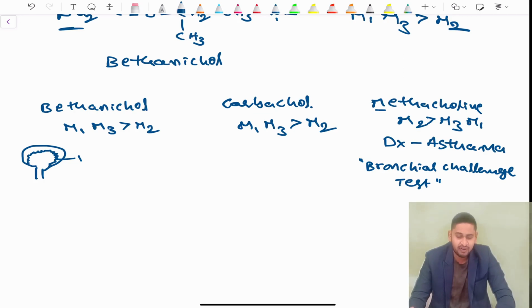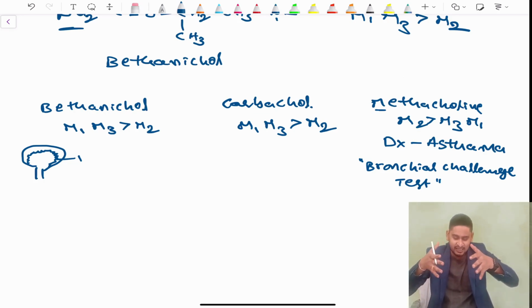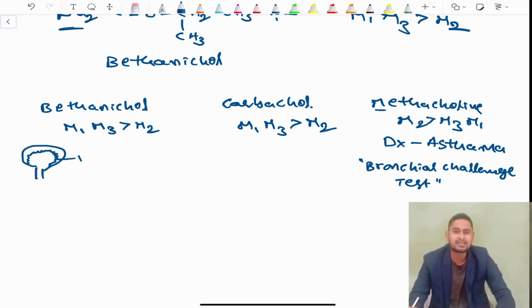Whenever the detrusor muscle is stretching, the stretch receptors in it send signals to the brain, and that gives us a reminder for passing the urine.